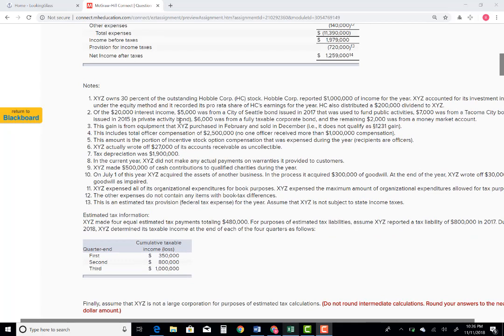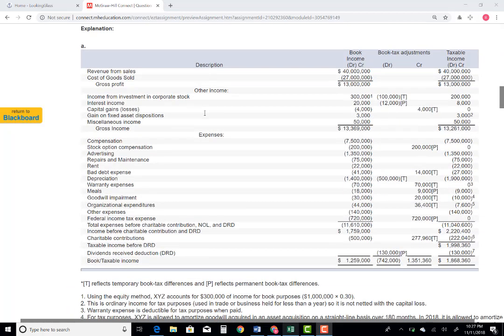So notice up here we had a $5,000 City of Seattle bond, so it's a municipal bond that's tax-free. $7,000 from Tacoma City. All right, so that's 7 plus 5, those city bonds. That's $12,000 total. Our company doesn't have to pay taxes on that. So even though we're reporting $20,000 in income on our financial statements, we're going to preclude $12,000 of that because it's municipal bond interest, and we're only paying taxes on $8,000 there.